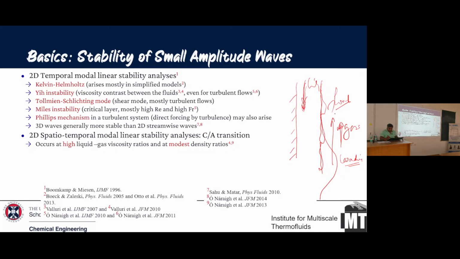This flooding point is something called an absolute instability. In a convective instability, the wave only goes in one direction. But in an absolute instability, the wave goes in both directions: it goes opposite to the flow, and it also goes with the flow.